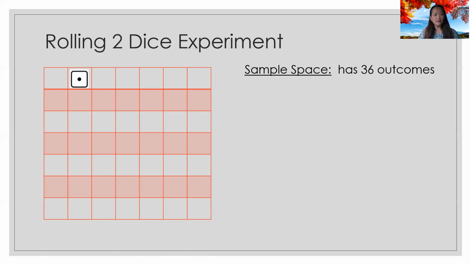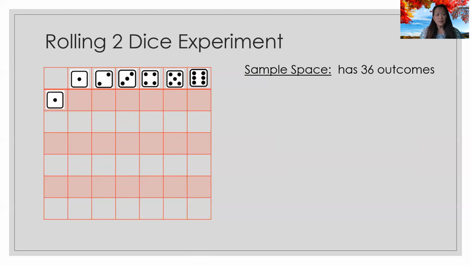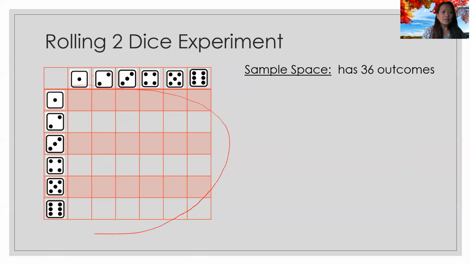Die 1 could have 1, 2, 3, 4, 5, or 6 showing, right? So that's the first die. Now the second die could be the same. Could be 1, 2, 3, 4, 5, or 6. Now, if you can see, that sample space is this rectangle right here, a 6 by 6 rectangle, right? And that is 36 possible outcomes, okay?